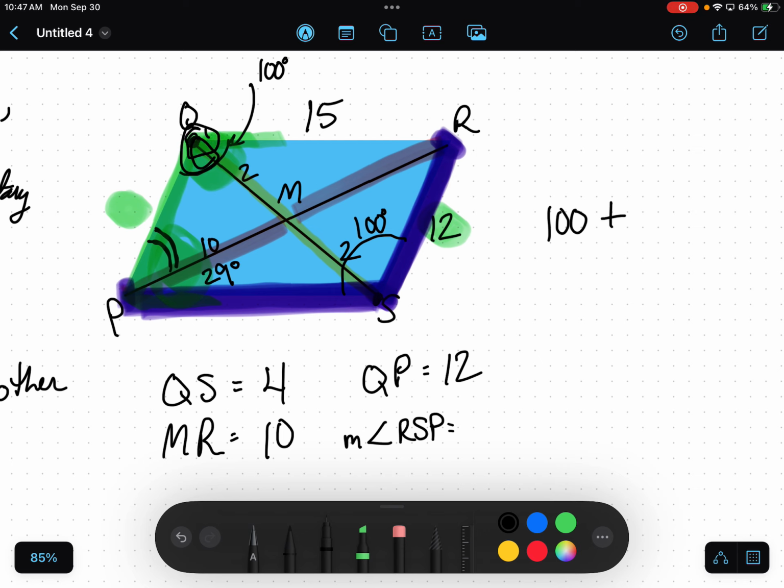You have, I don't know, so give me a letter. I was doing the math in my head and I mixed it up. I just want a letter though. Someone give me a letter. P. P, okay. And then what's the other part of the angle that they give us? How many degrees?